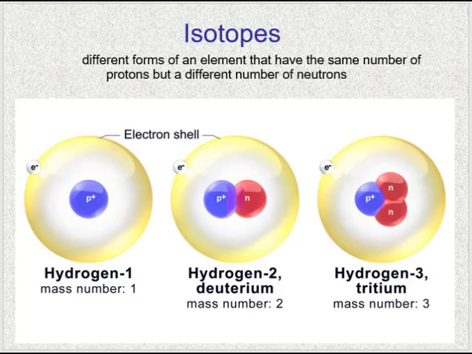Now, I mentioned something called an isotope earlier. Isotopes are different forms of an element that have the same number of protons but a different number of neutrons. So let's take a look at hydrogen and a couple of different hydrogen isotopes. This first example on the left is hydrogen 1.